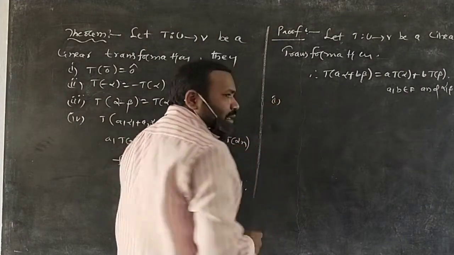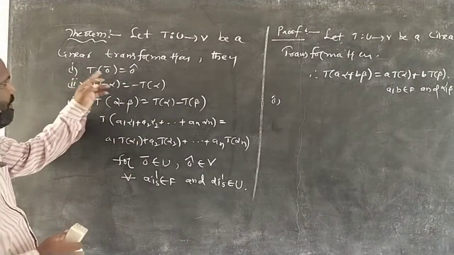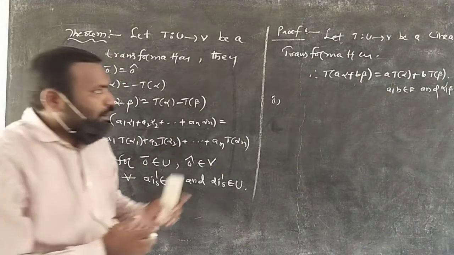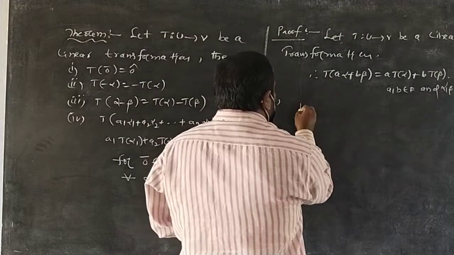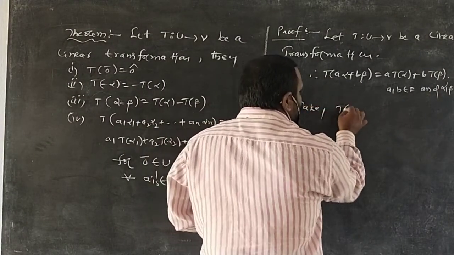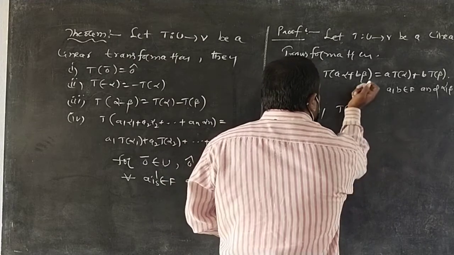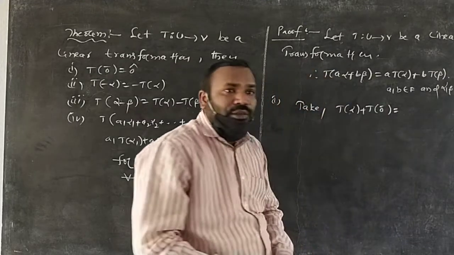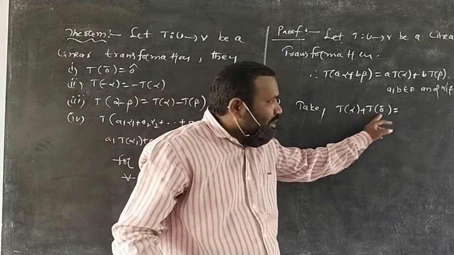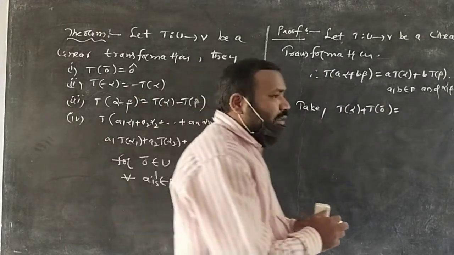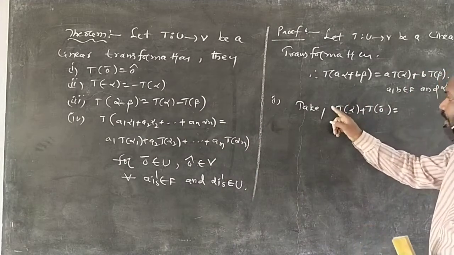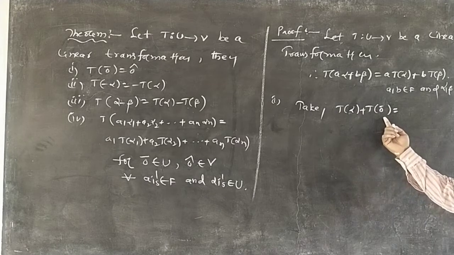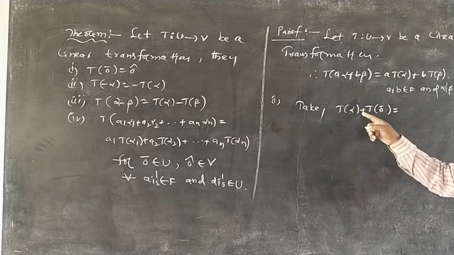Let us prove the first condition. What is the first one? T of 0 bar equal to 0 cap. To prove this, you take T of alpha plus T of 0 bar. First you consider this one. T of alpha plus T of 0 bar can be written as 1 into T of alpha plus 1 into T of 0 bar.